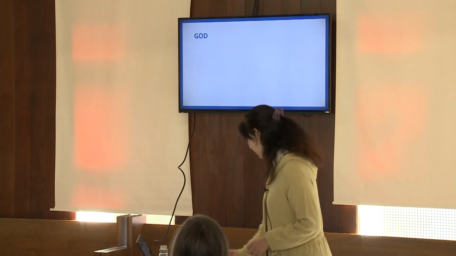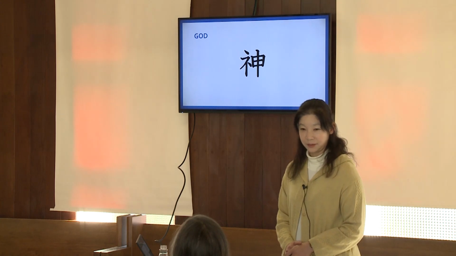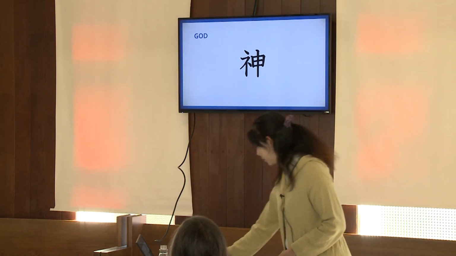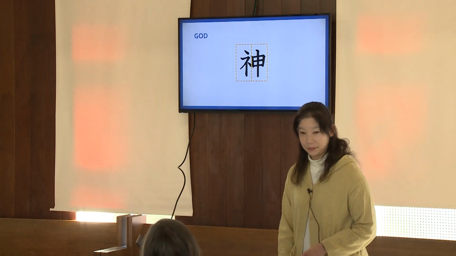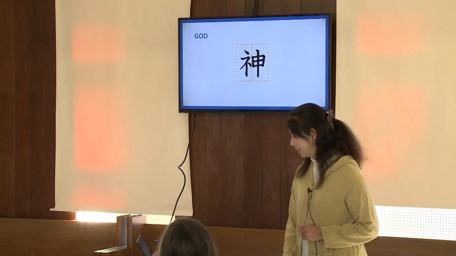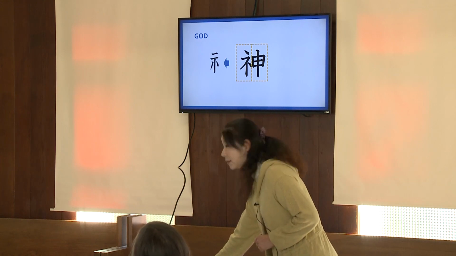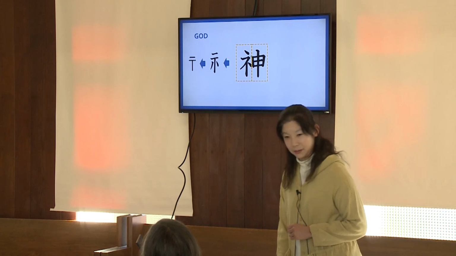So same in kanji. Like God looks like this. There are two parts, this one and this one, like company or transact. And the left one looked like this before or like this.